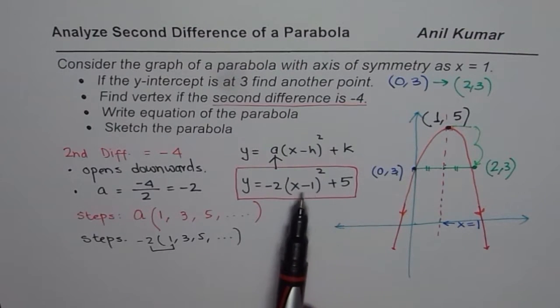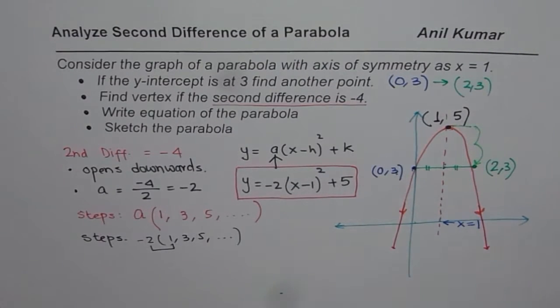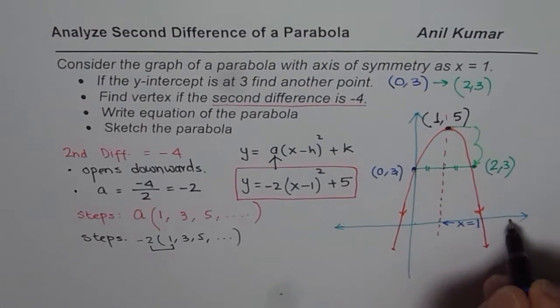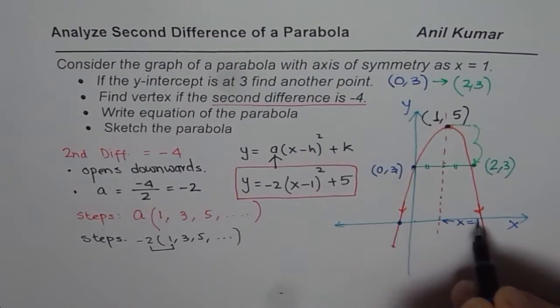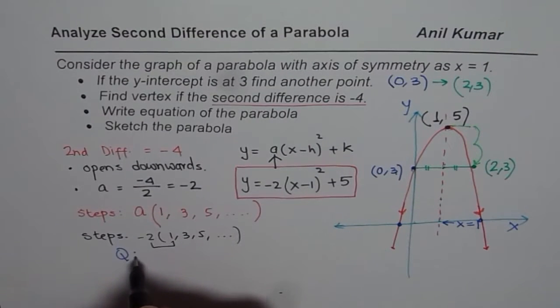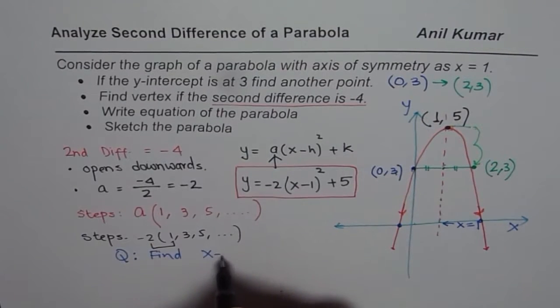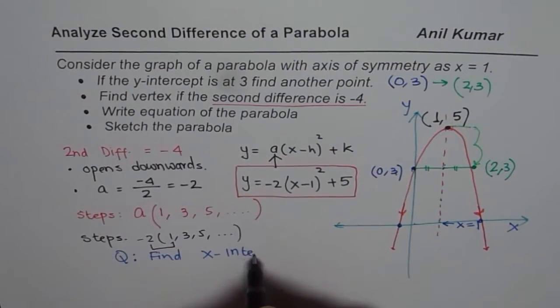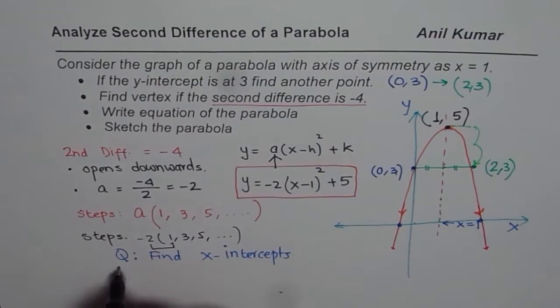Once you have this equation, you can always find the x-intercepts also. Let me write down this as x and this as y. Now what are these points? The x-intercepts. So the big question for you is, find the x-intercepts.